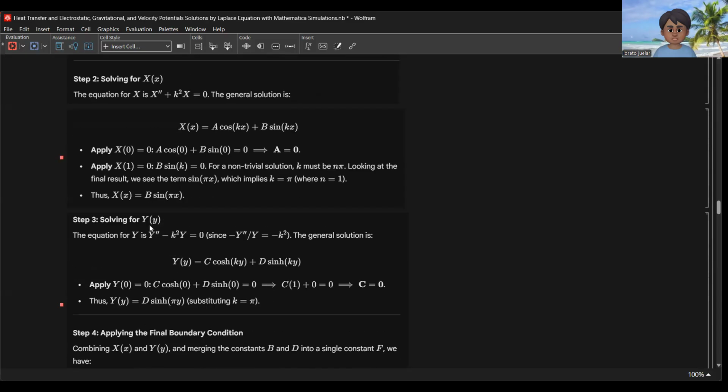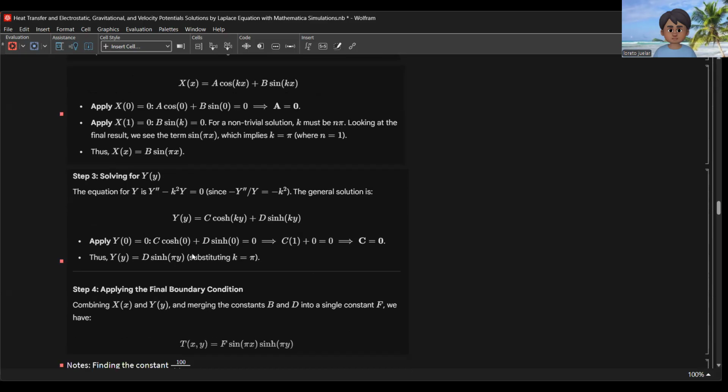Now solving for the Y, we have this equation. The solution of this equation is given by this. And apply the boundary condition here: if y equals 0, this is also equal to 0. So if we substitute here the small y, we get c equal to 0.